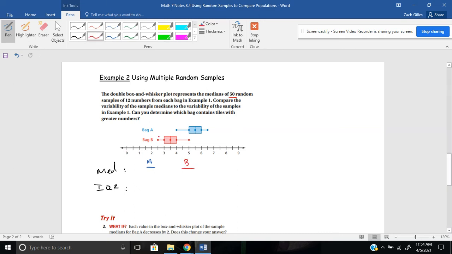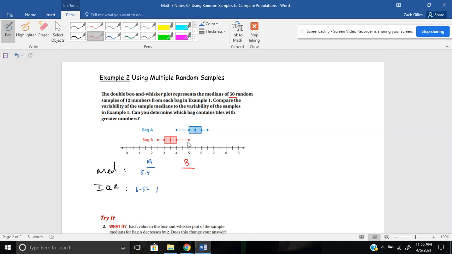What is our median of bag A? It looks like bag A's median is between 5 and 6, so 5.5. And the interquartile range, how much is between the boxes? 6 minus 5 would give us 1.